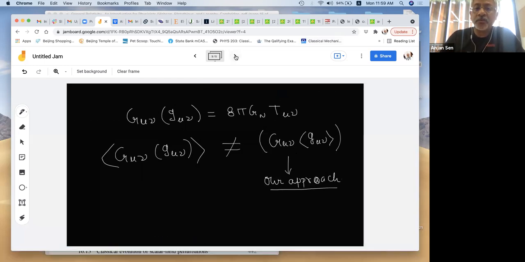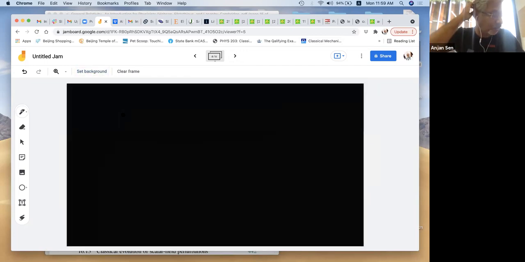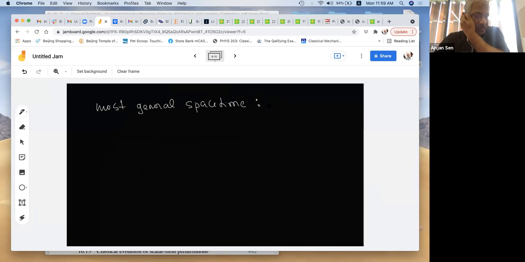Okay. So now, as we know that the universe is homogeneous and isotropic, what is the most general space-time we can write? Let's write it down. Remember that I will mostly work in units where I put c equal to 1, fine.